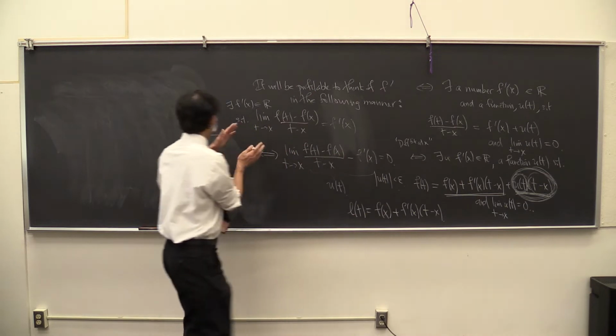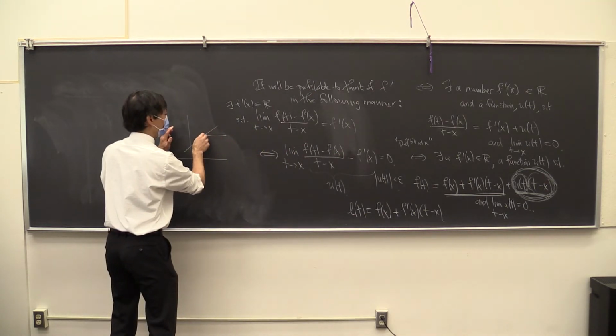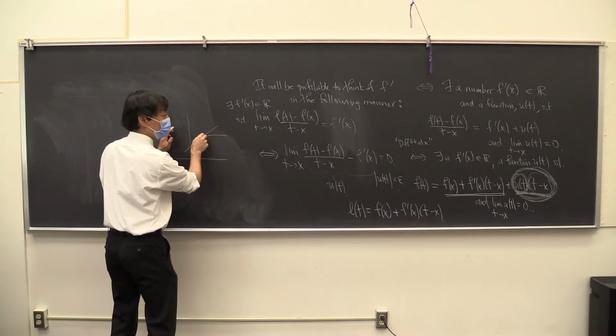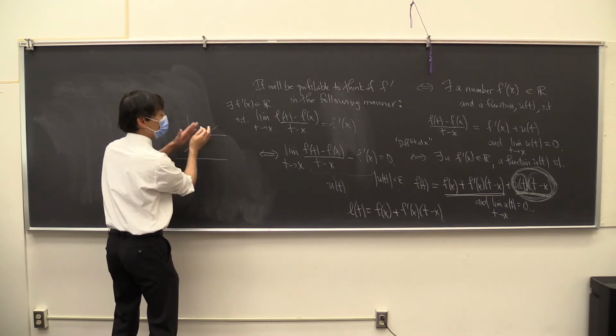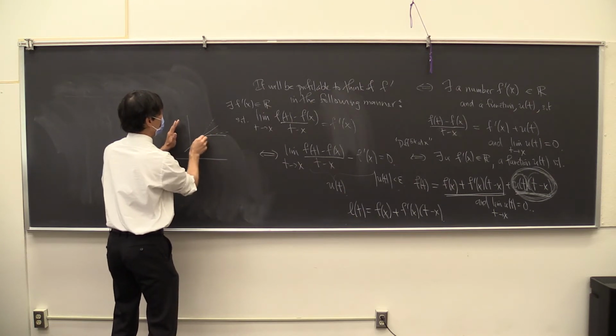So I can trap this between my tangent line plus a line of positive epsilon slope and negative epsilon slope.